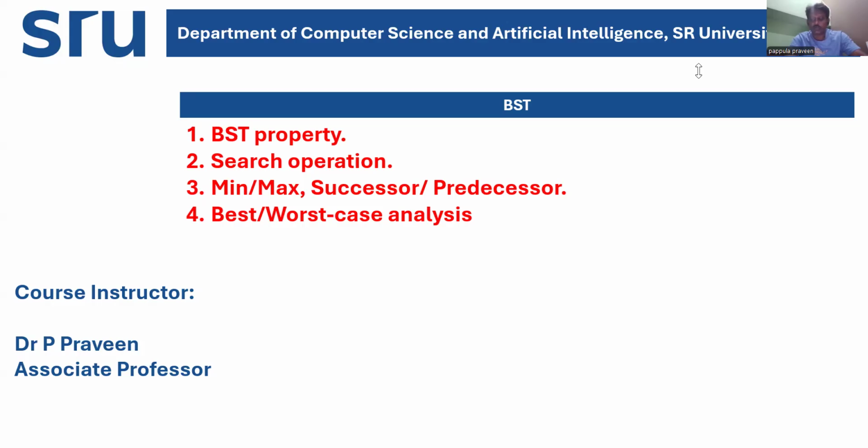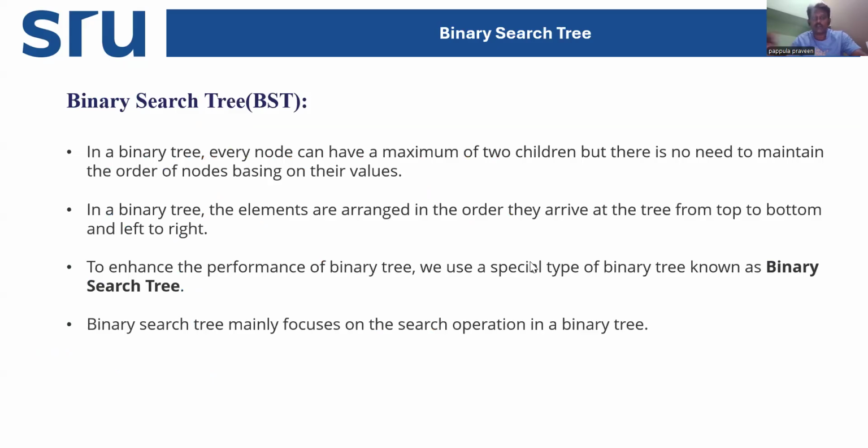I will show what a binary tree is and why we move to a binary search tree. Before binary search tree, we have a binary tree. You observe here, this is a binary tree, and this is also a binary tree, and this is also a binary tree.